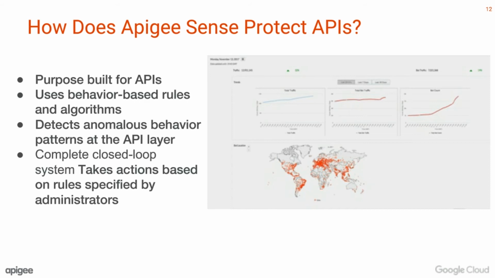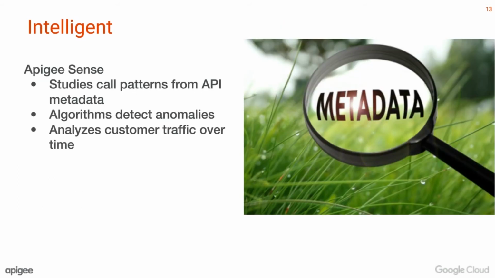Let's talk about why this behavioral approach is better. Actually, it's not better, it's one piece of the puzzle. You need, of course, all of the API security best practices we've been talking about. Those must be in place. But why is Sense as an additional layer something you need to be considering? Apigee already captures all of the API metadata as it flows through the platform.